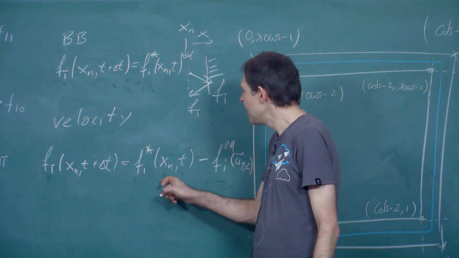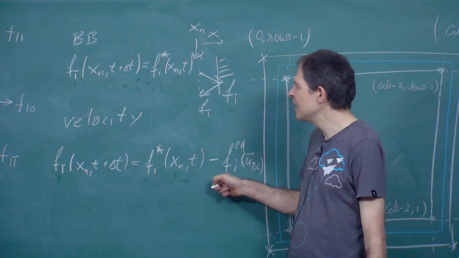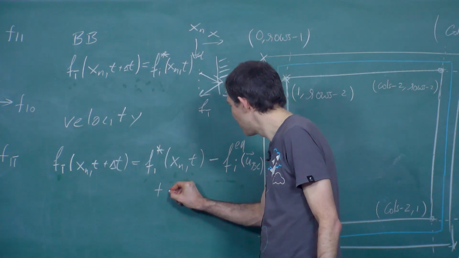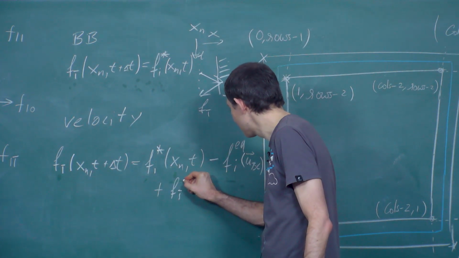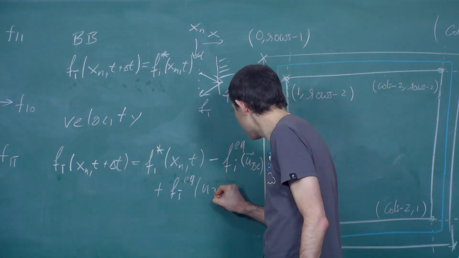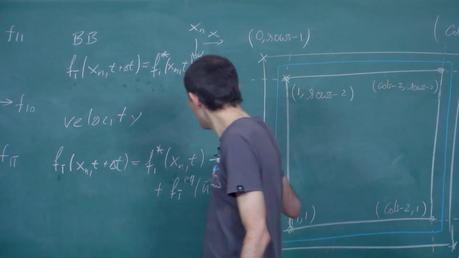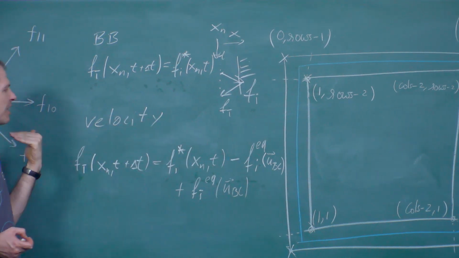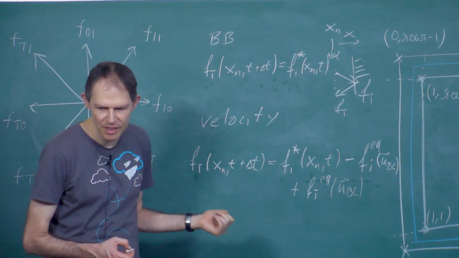And then we want to have the velocity in the opposite direction. Therefore, we add the equilibrium in the opposite direction, and this for the same velocity. Okay, so we remove equilibrium going this way and we add equilibrium going the other way, because this is the way that we want to have it.